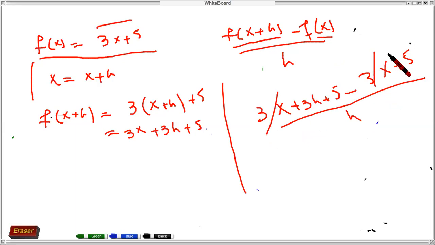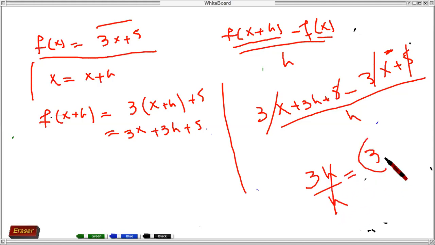This is also minus, because the outside minus multiplied with this one becomes minus. So minus 5 cancels with plus 5. What do we have? We have 3h divided by only h. So h cancels with h. Result is 3. Clear, Abid?